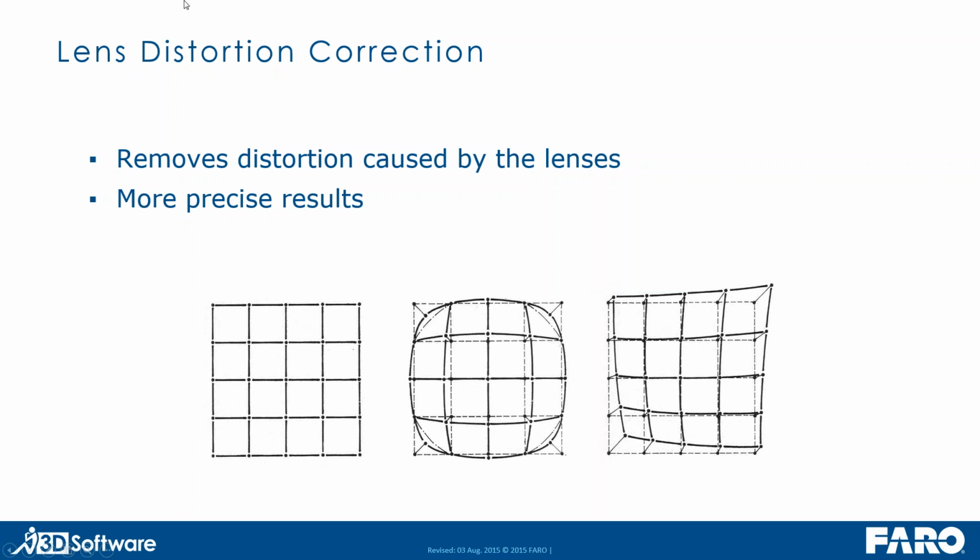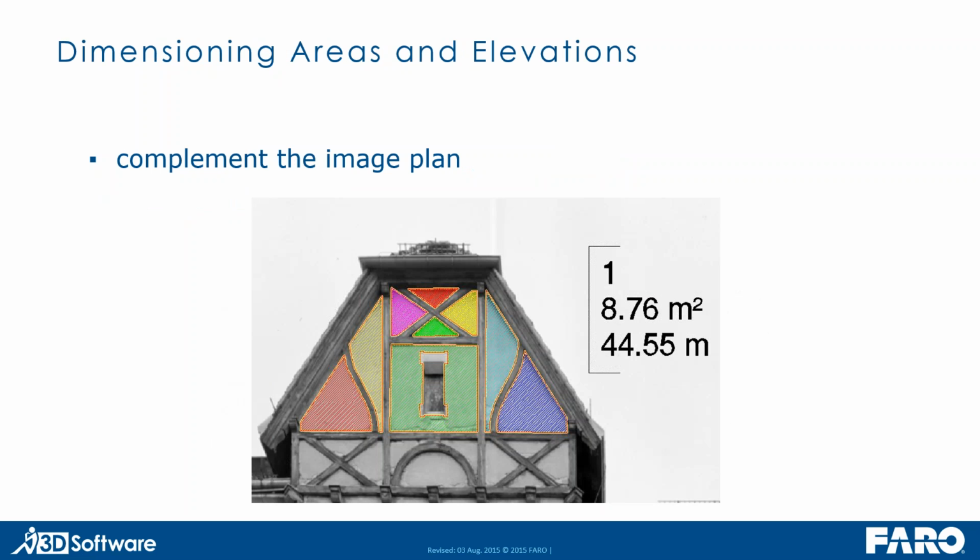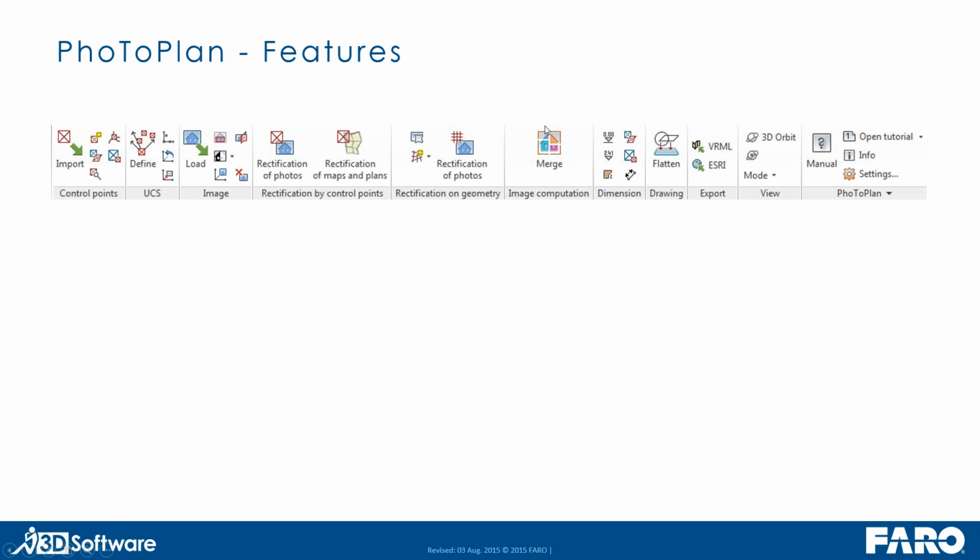Our lens distortion correction removes those distortions, and then it's easier also to apply this rectification grid I've talked about earlier. And once you've rectified the photograph, you can complement your image plan by dimension annotations and elevation annotations.